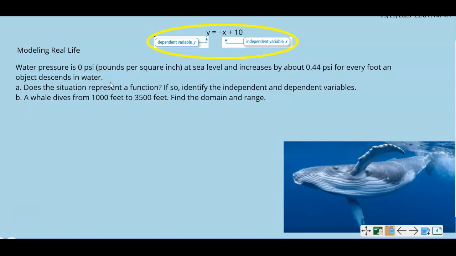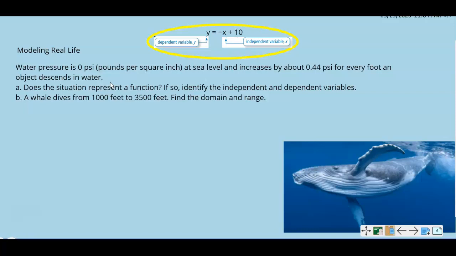So we can conclude that for this situation, the water pressure depends on the depth of water because the water pressure changes with any change in depth. Each input has exactly one output. So each foot below sea level that you put in is going to give you a different output. So it does represent a function.